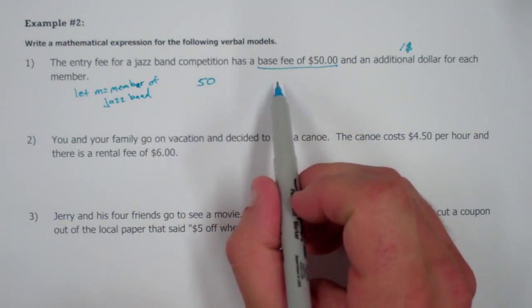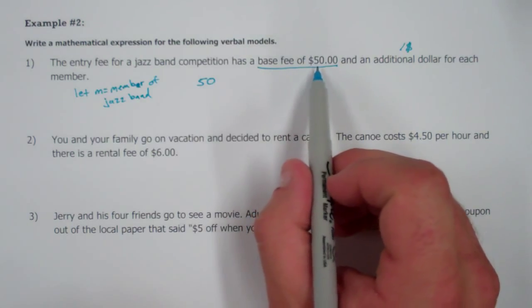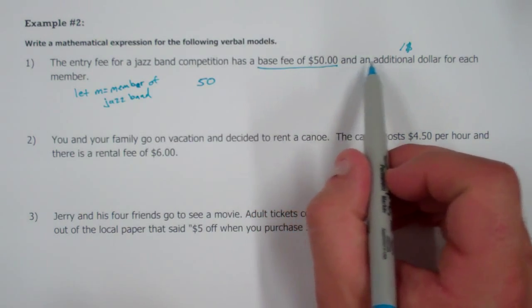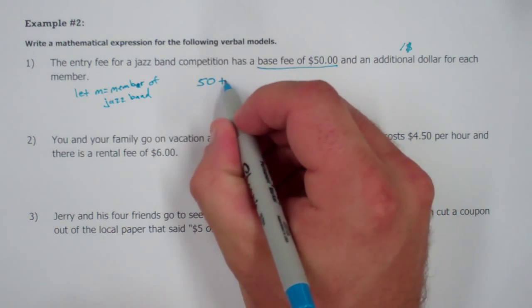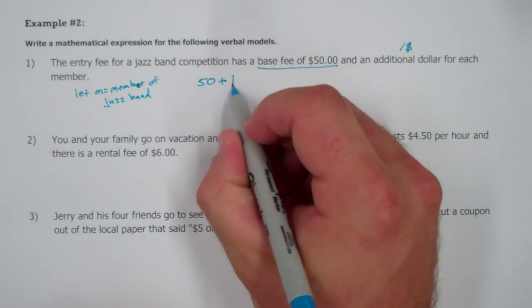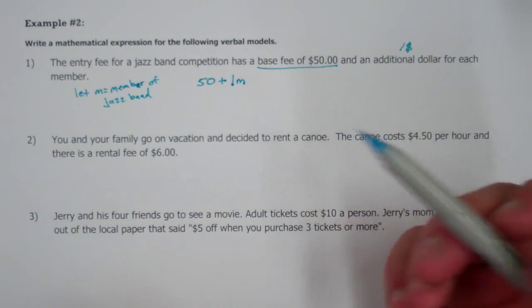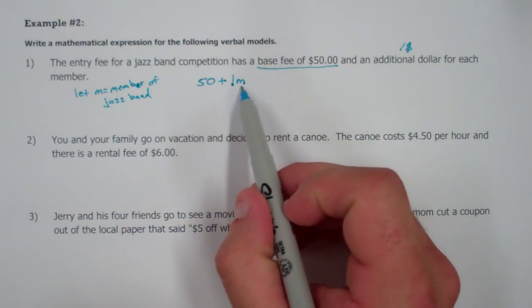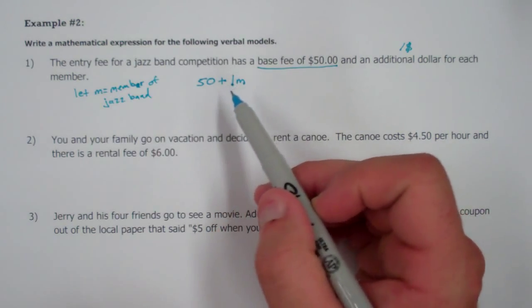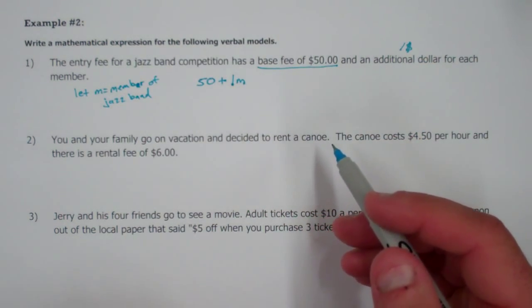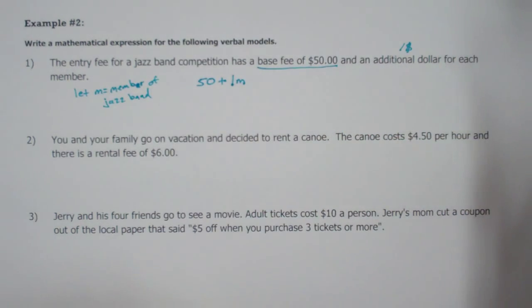And then here's our expression. So we need to pay the base fee and an additional fee of $1 per member. So this works. If there's 5 members, you would just substitute 5 in here for M. 5 times 1 is 5. Add that to 50, and your total fee for the whole thing would be 55 when you have 5 members.